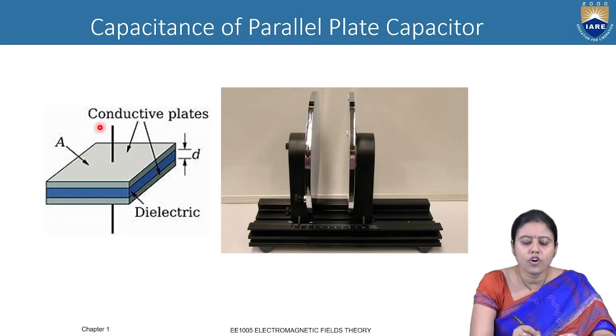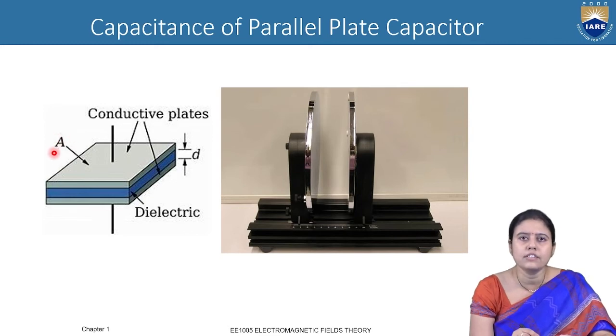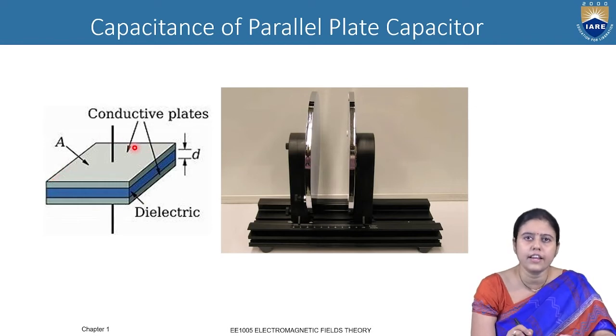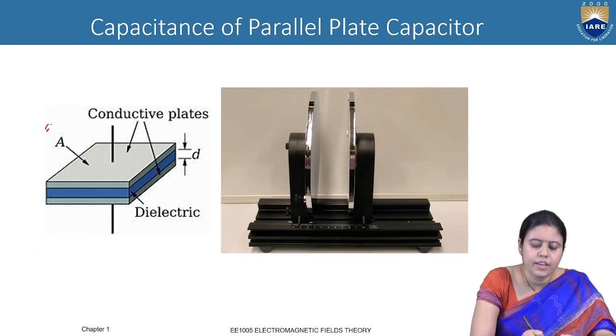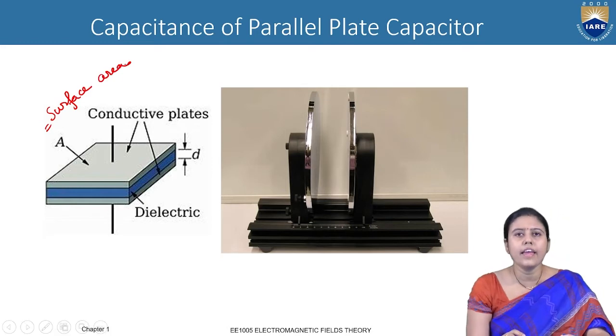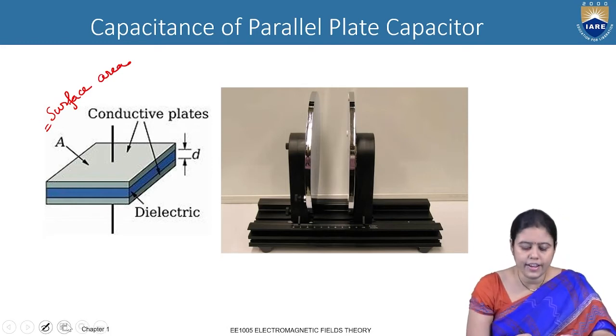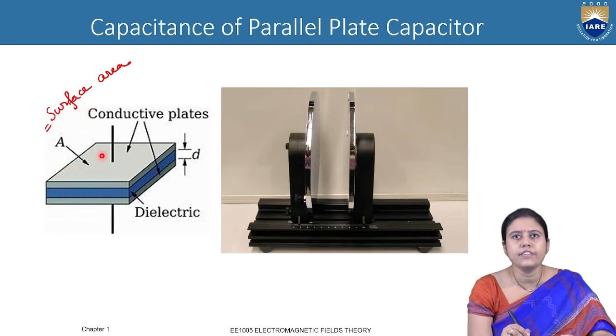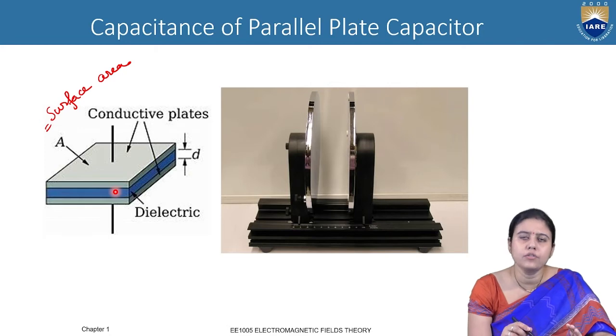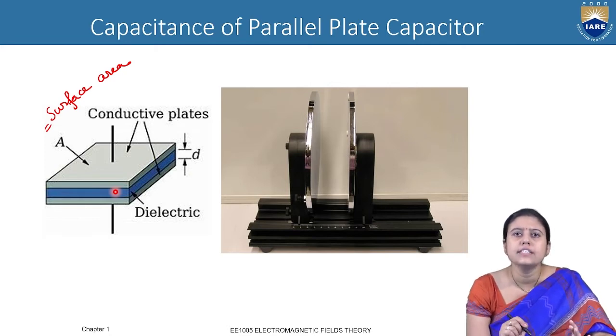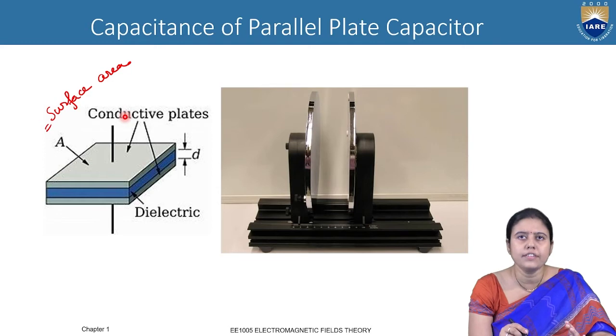A is the surface area of these plates, the surface area of each plate. And for our simplicity, we will assume that both plates have the same amount of surface area.